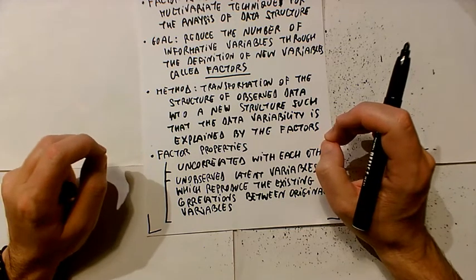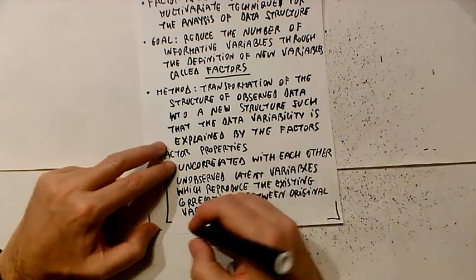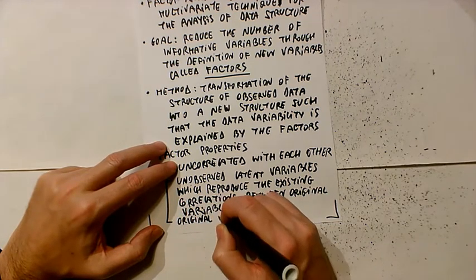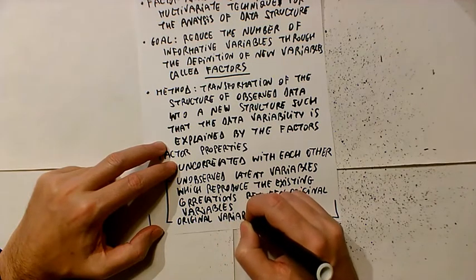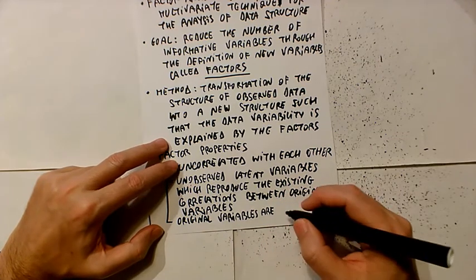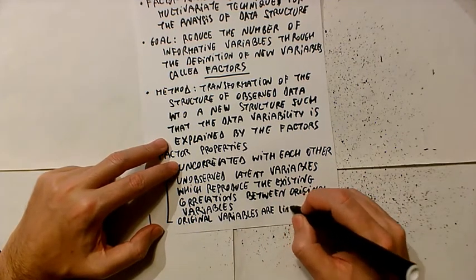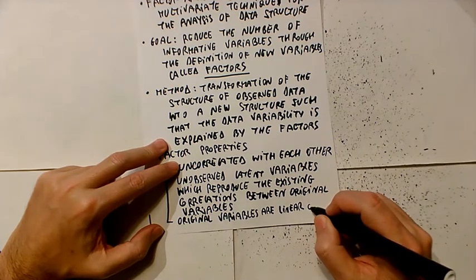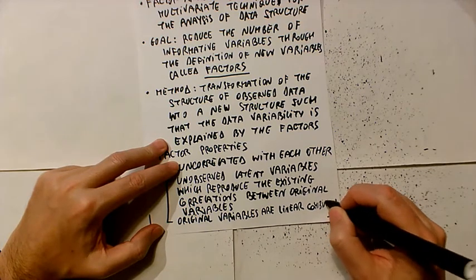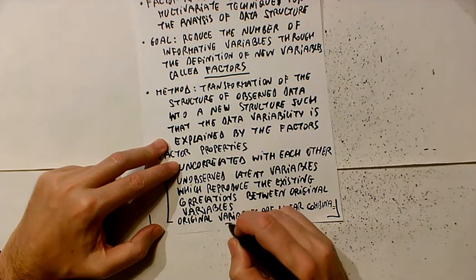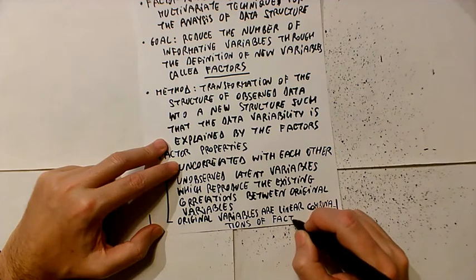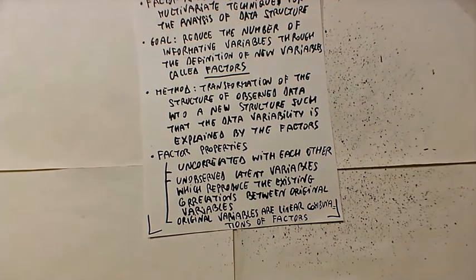In other words, the original variables are linear combinations of factors.